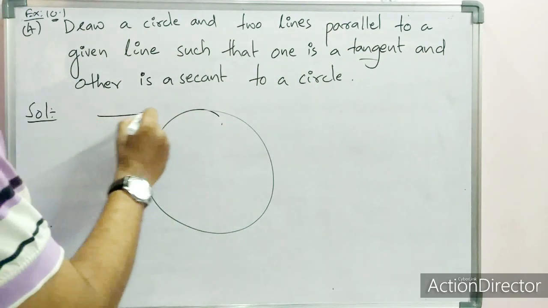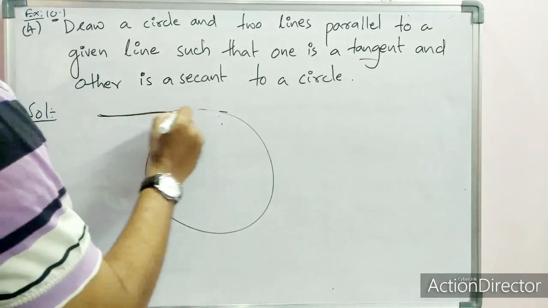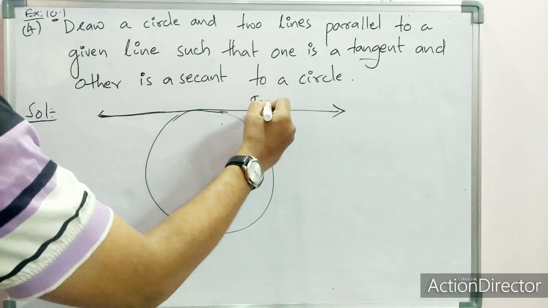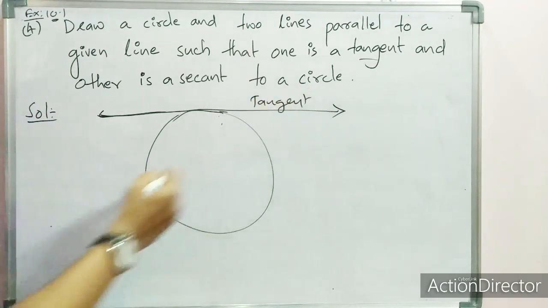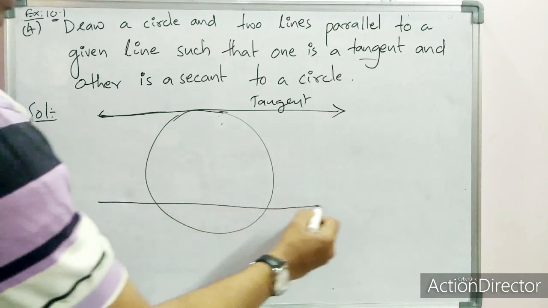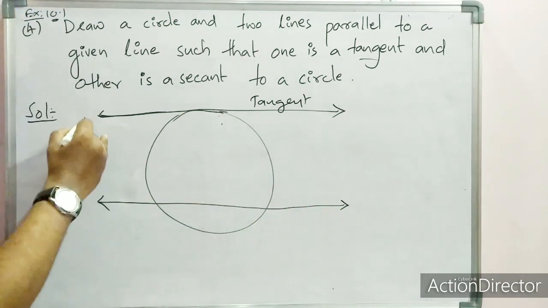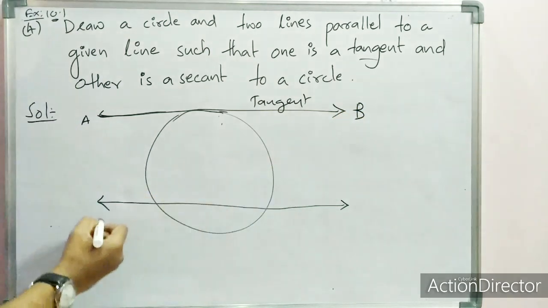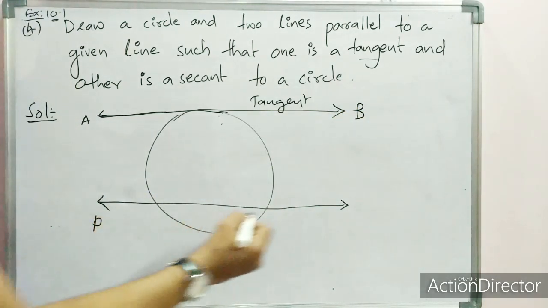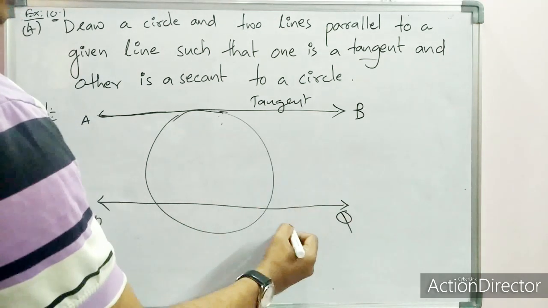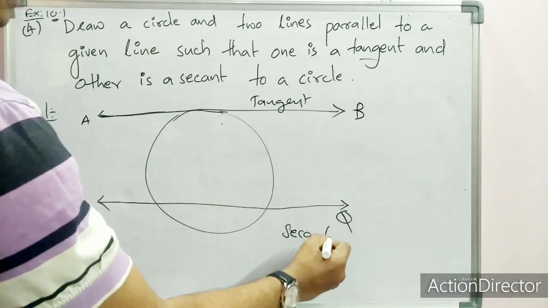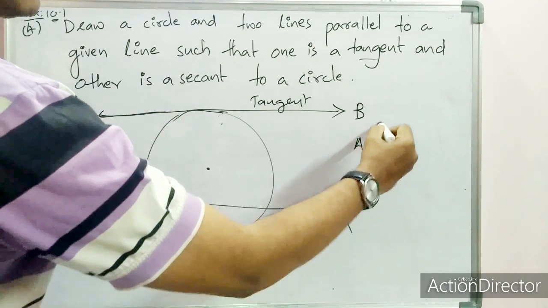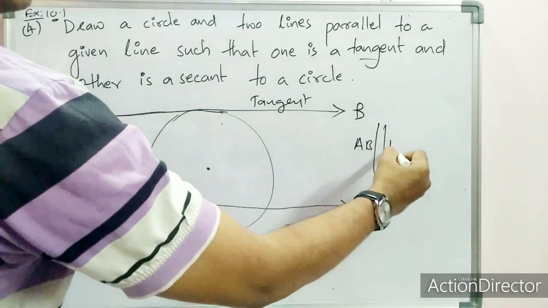You draw a line like this, this is a tangent, and draw one more line which should be parallel to the first one. Let AB be a line and PQ be a line. So this is the tangent and this is the secant. Now here AB is parallel to PQ.